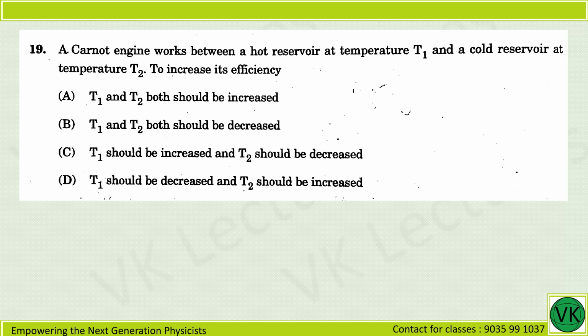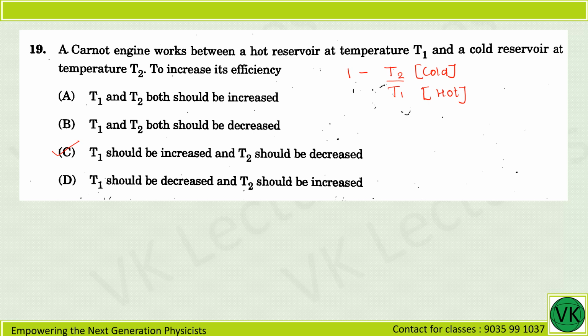So according to the formula, 1 minus T2 divided by T1, where T2 is the cold reservoir and T1 is the hot reservoir, we have found out that when T1 is increased and T2 is decreased, the efficiency of the Carnot cycle or Carnot engine increases.